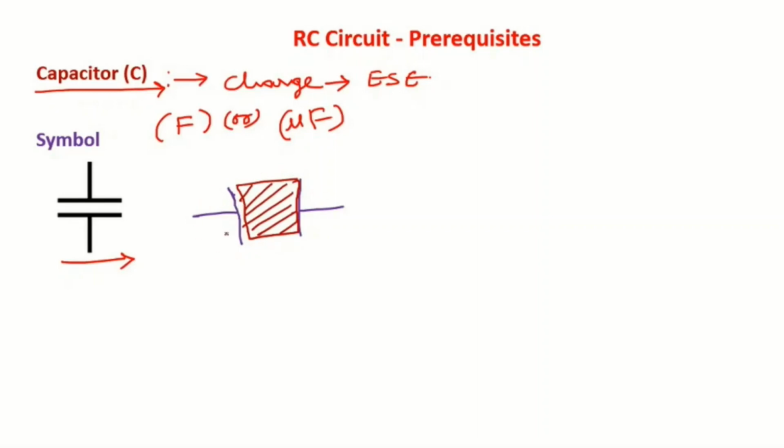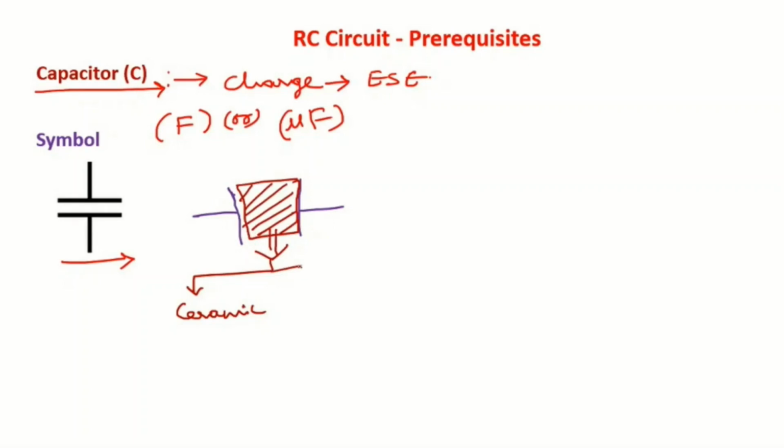A capacitor has two parallel plates made of metal or conductors, and between these two parallel plates it is embedded with the dielectric material. Based on this dielectric material, we have different kinds of capacitors. Starting with ceramic capacitors, where the dielectric material between the two metallic parallel plates is ceramic.